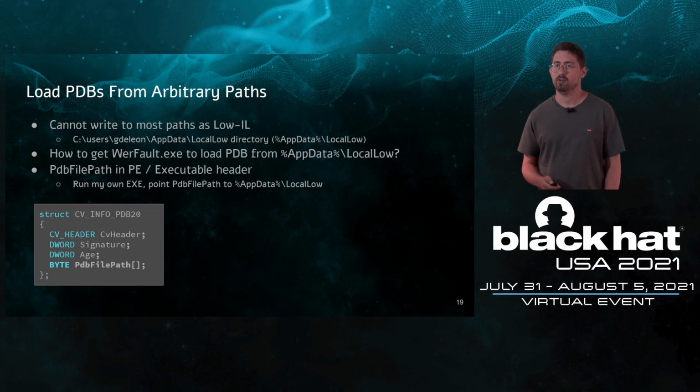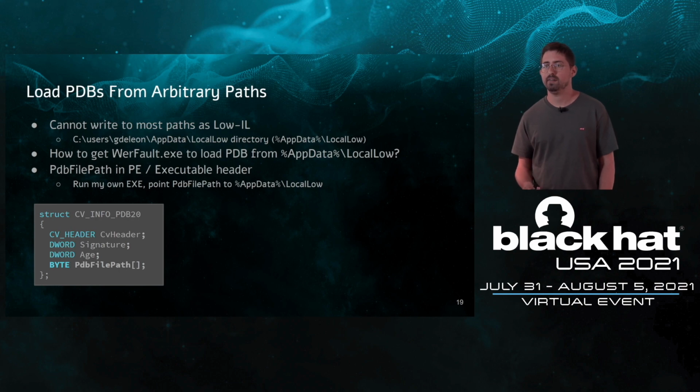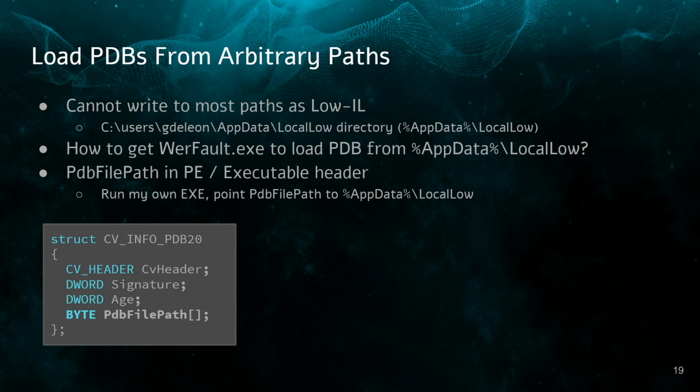When you compile some binary, the compiler puts the path to the PDB file at the time of compilation onto the PE executable header of that binary. If you later debug your code on the same machine you compiled it on, then the debugger would know where to fetch that PDB file from.